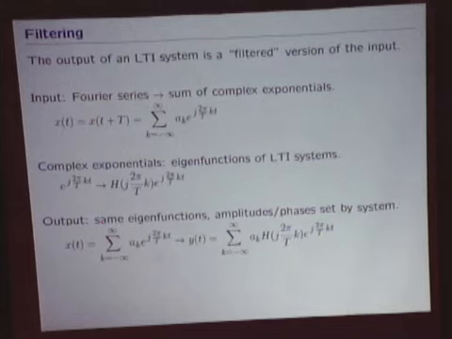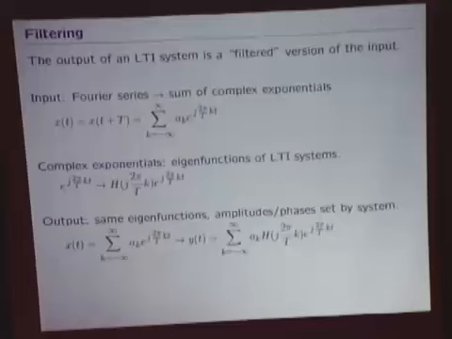The neat thing that happens if you think about Fourier series is that you can break down the input into a sum of discrete parts: the first harmonic, the 0th harmonic, the second harmonic, the third harmonic. Each one of those parts is an eigenfunction, and each one gets preferentially amplified and/or time delayed according to the frequency response of the system.